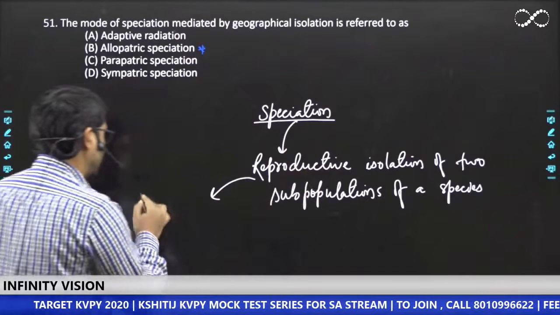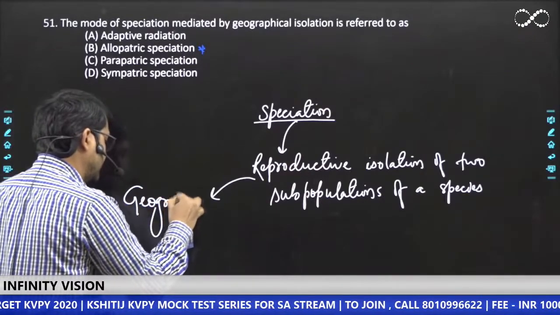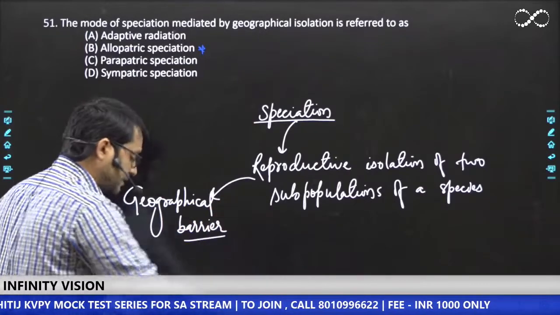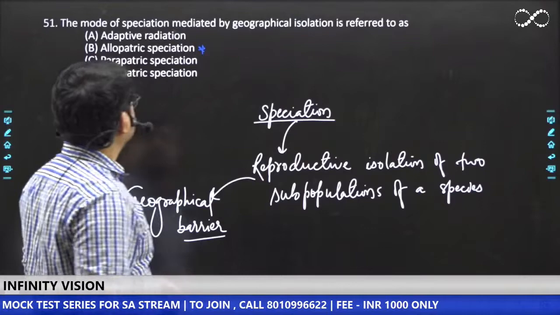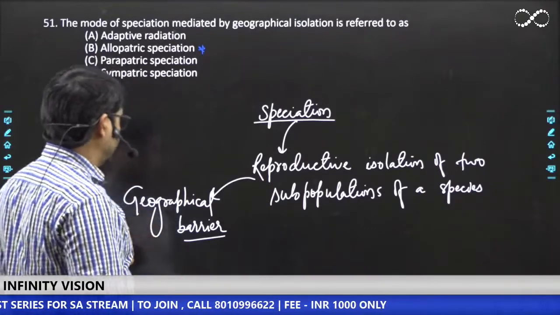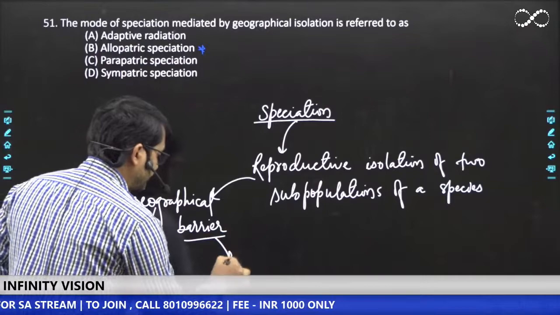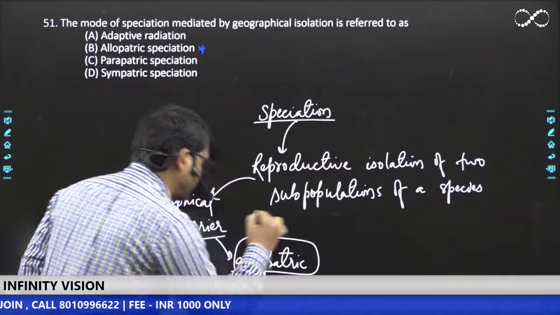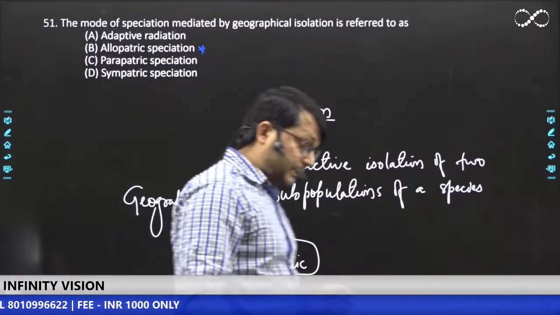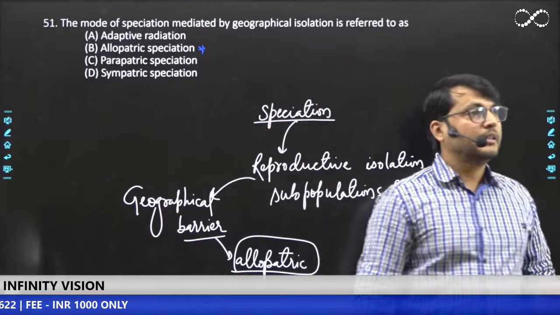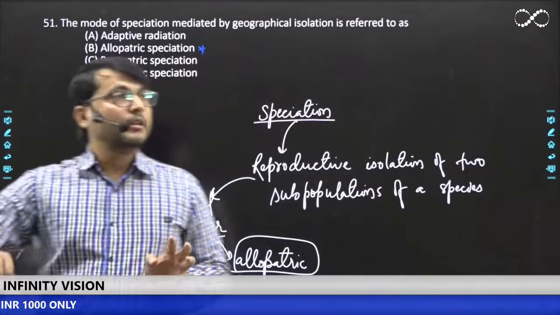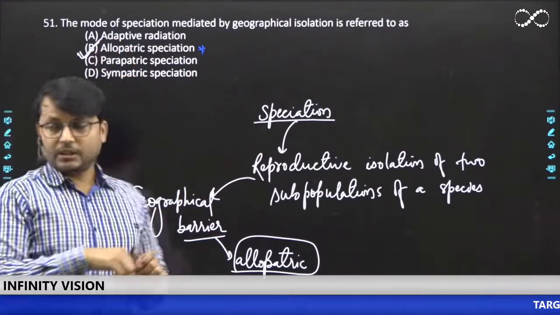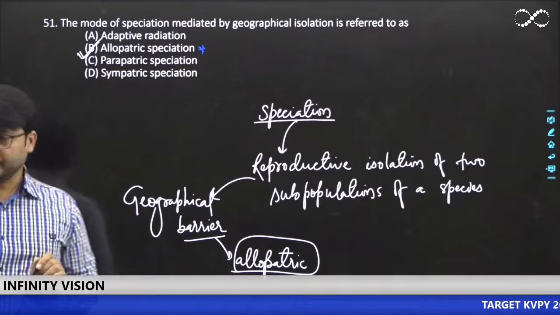So if this reproductive isolation is brought by a geographical barrier, then we call it allopatric. And if there is any barrier other than a geographical barrier, then we call it sympatric. Okay, great. Very good, Akhil. So the answer is allopatric speciation.